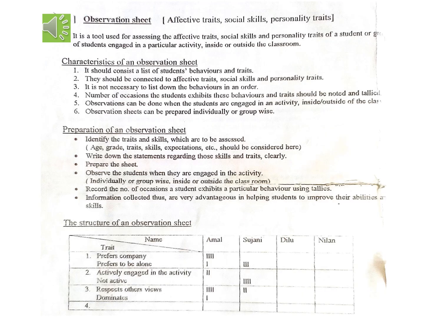It is not necessary to list down the behaviors in an order. Now in the checklist, we listed them down, then we ordered them, right? The gradual progression.